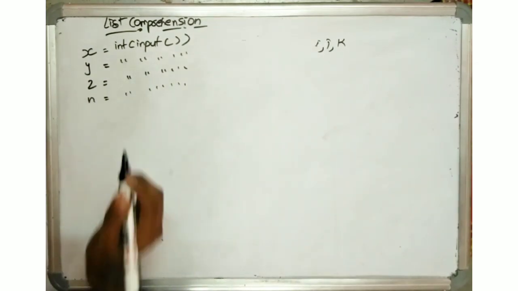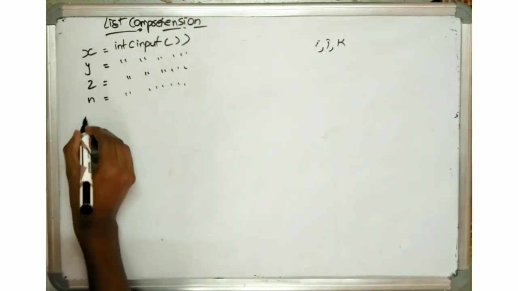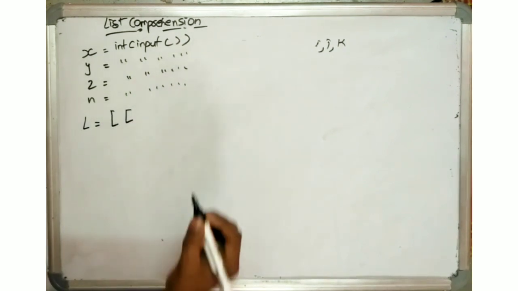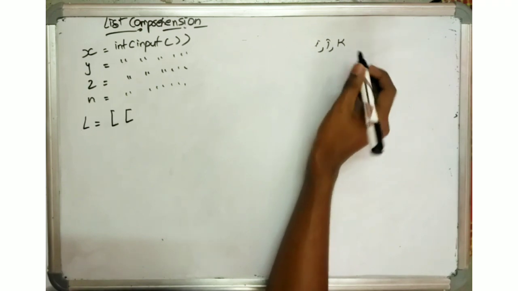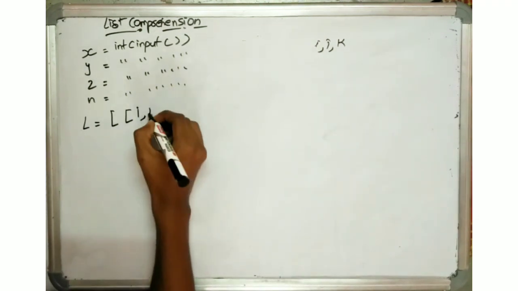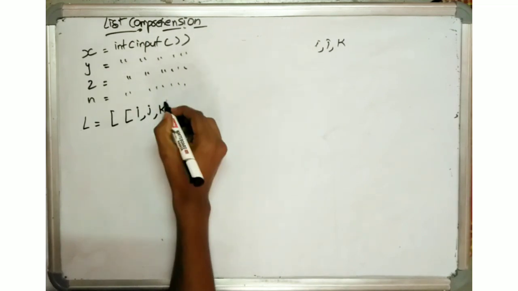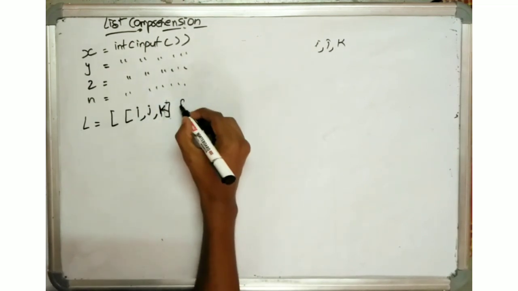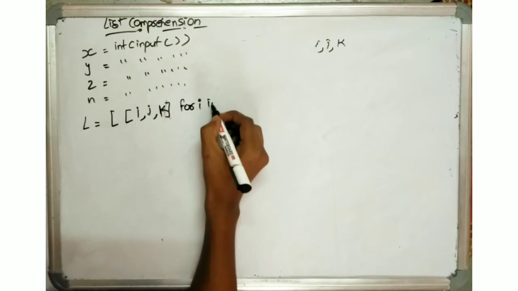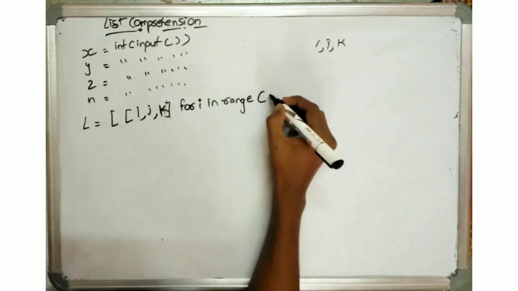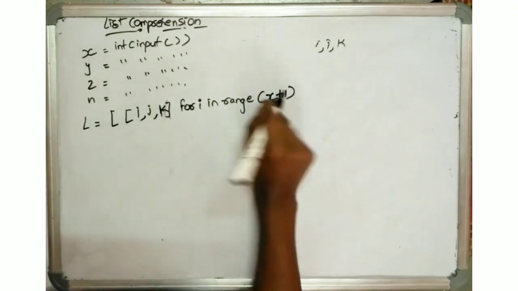So using list comprehension, L equal to, what we need to do? We need i, j, k values. So we are using them in a list, i, j, k. Where do we get i? We get i for i in range of x plus 1. Why x plus 1?